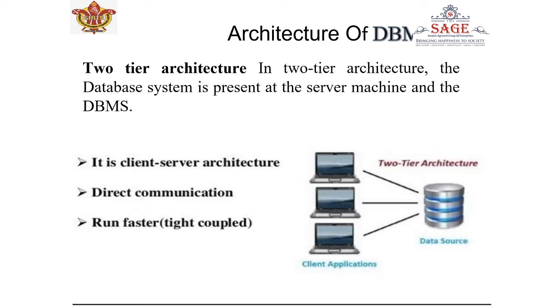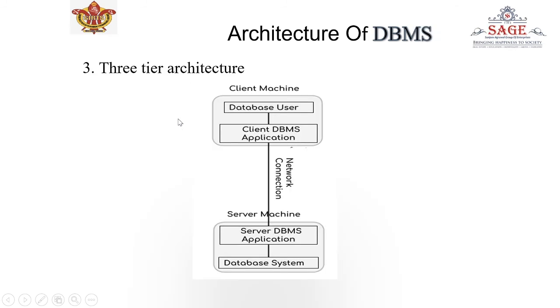As we can see in this slide, there is a two-tier architecture with direct communication, but in three-tier there is no direct communication available. So client applications and the data source communicate with each other. Okay, so you can see here in this diagram. This diagram is two-tier architecture, and this is the three-tier architecture system.